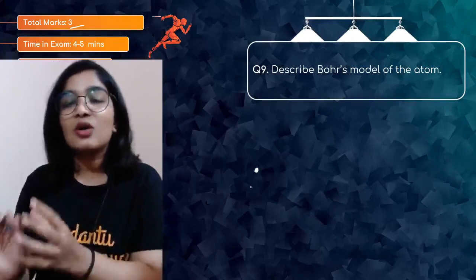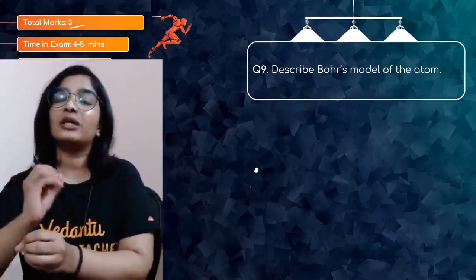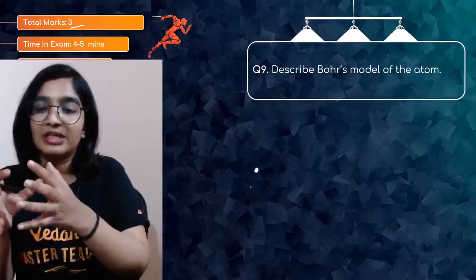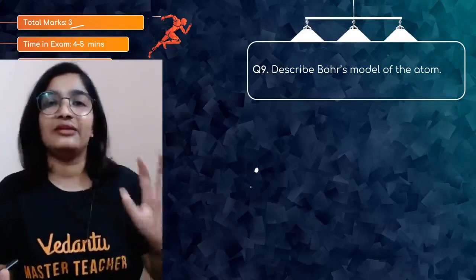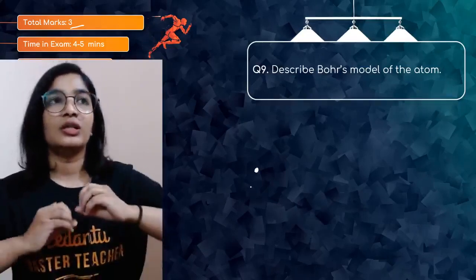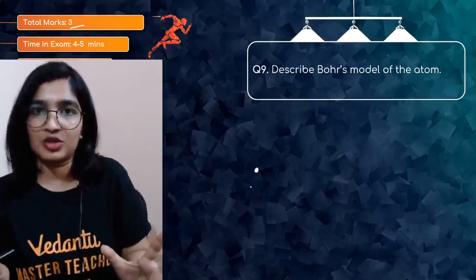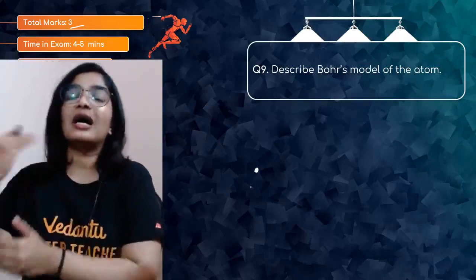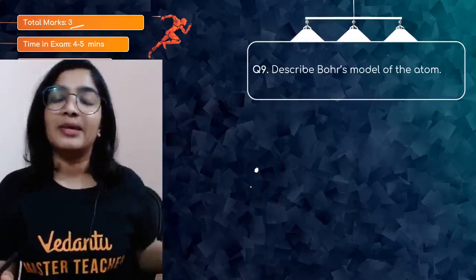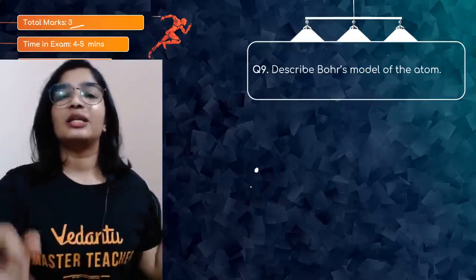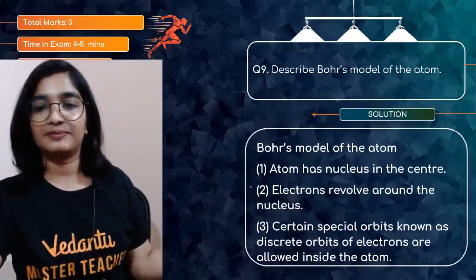As long as the electrons are staying in a particular orbit, there won't be any radiation, so they won't emit energy. When they go to a higher energy state, there will be absorption of energy. When they come back to the lower energy state, there will be emission of energy.